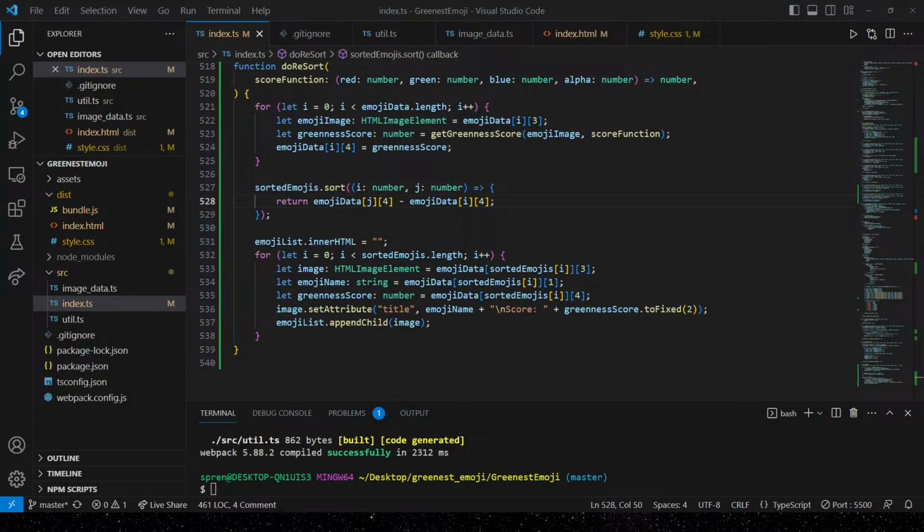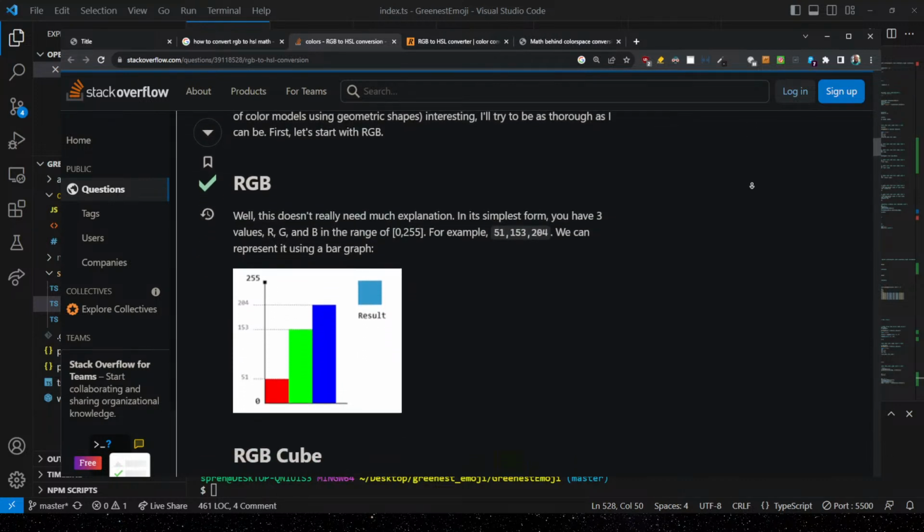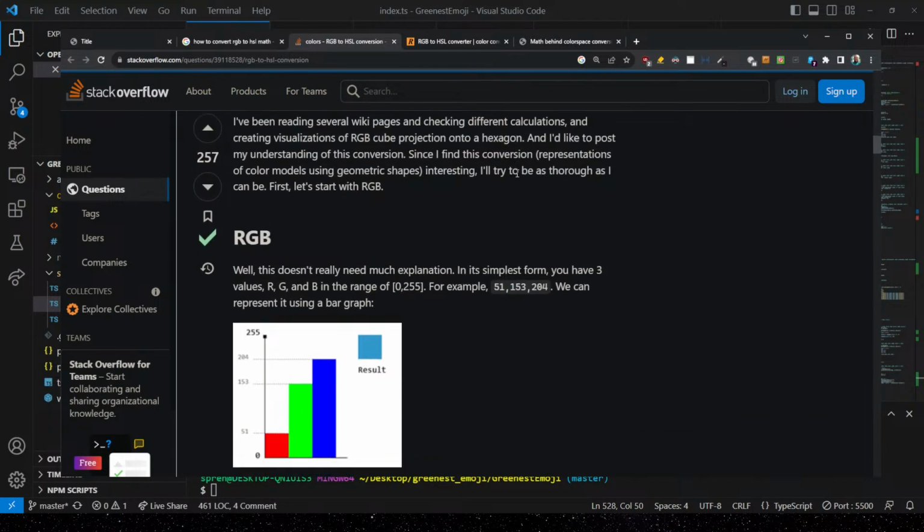Okay. Somebody appears to have some kind of answer here. So the idea, he describes it as cube projection onto a hexagon. That makes sense to me because RGB has 3 components. If you think of those as 3 separate dimensions, they each have values 0 to 255.